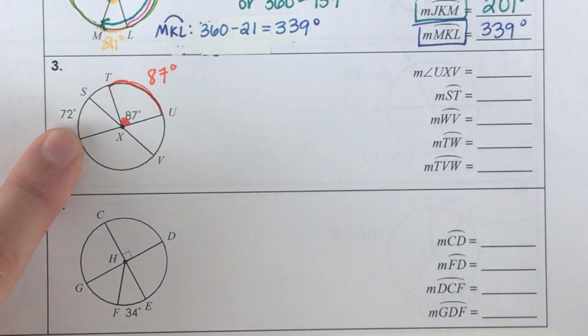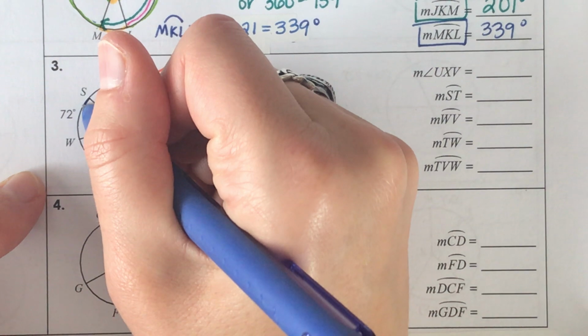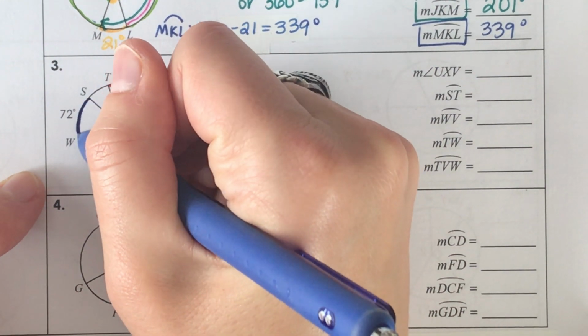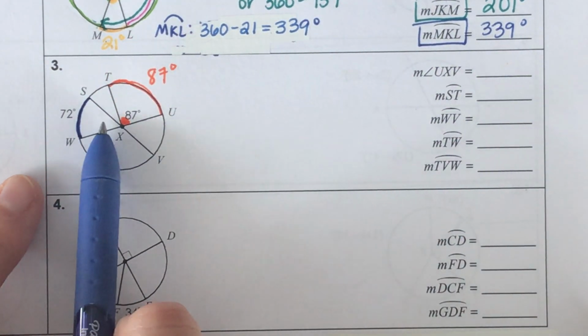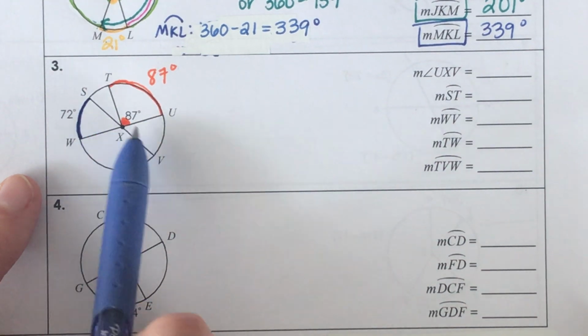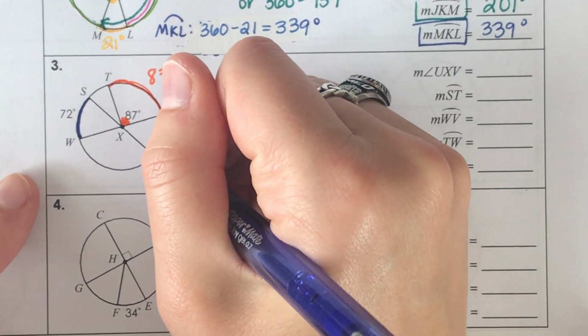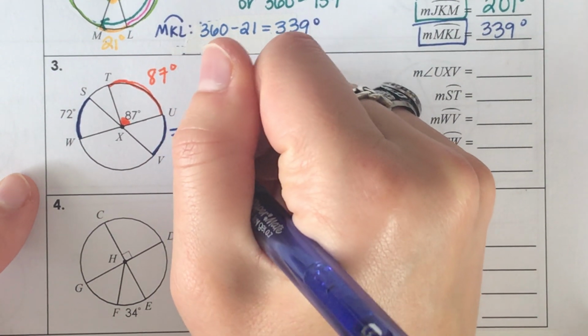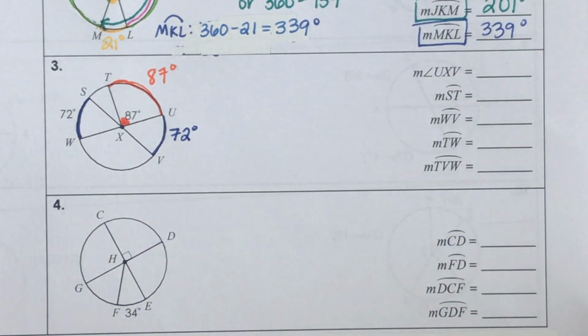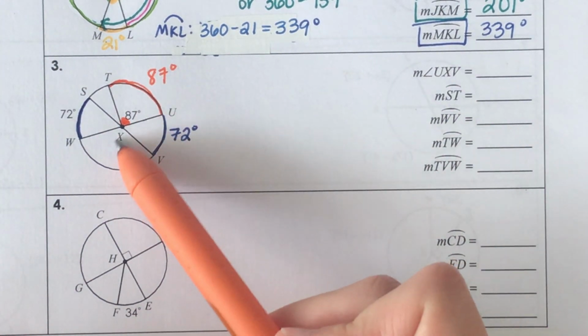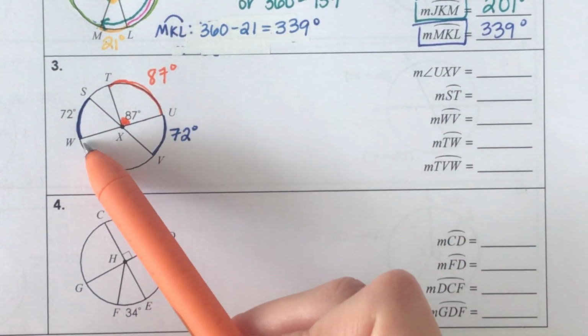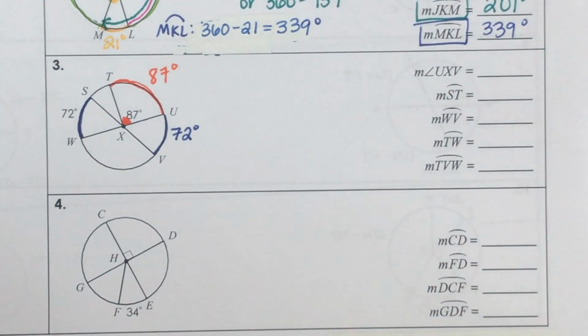I already have another piece over here that is 72 degrees. I also see that I've got vertical angles right here. So if this is 72 degrees, this one is 72 degrees. Okay, and that's kind of all I've got right now, because obviously these are not vertical angles, right? These are very different shapes, so those two are not vertical angles.